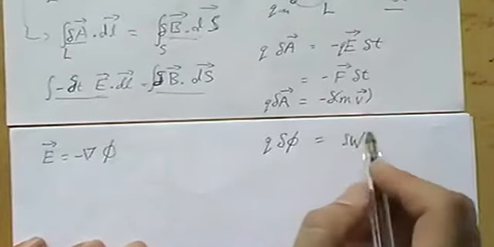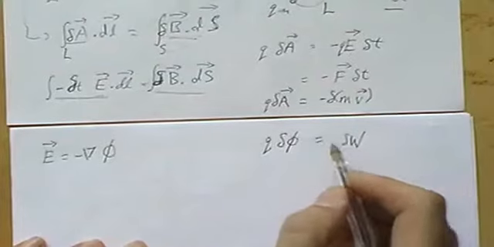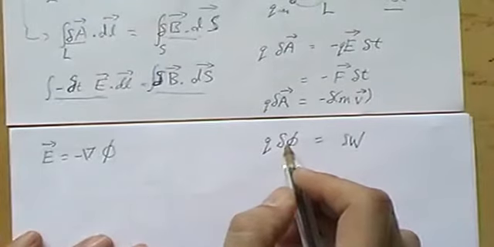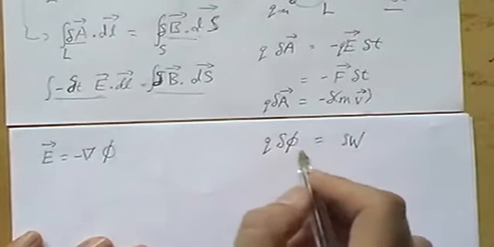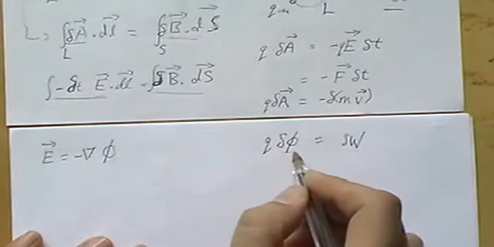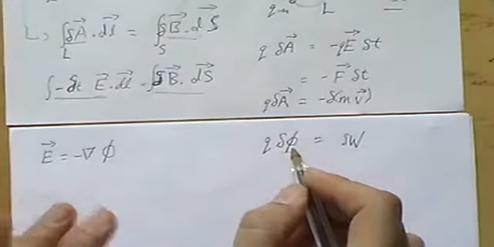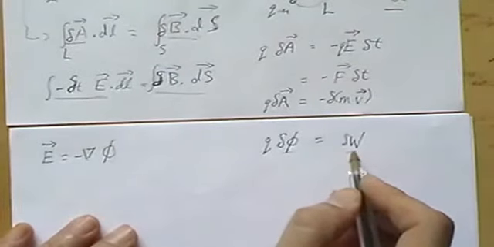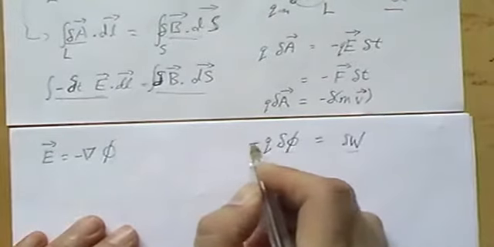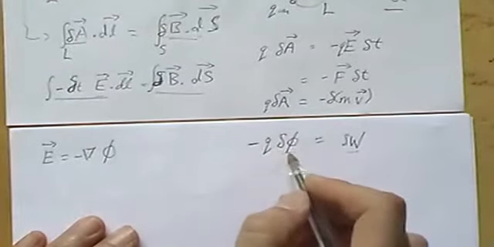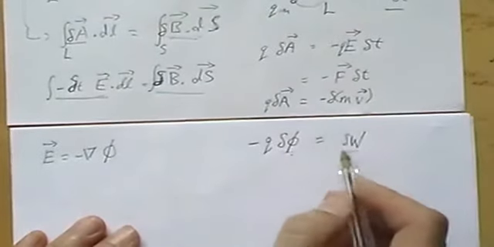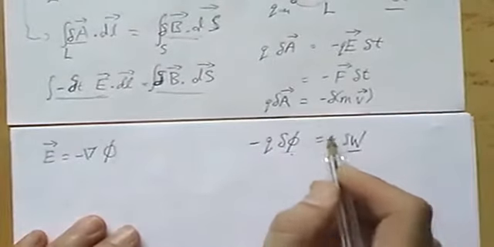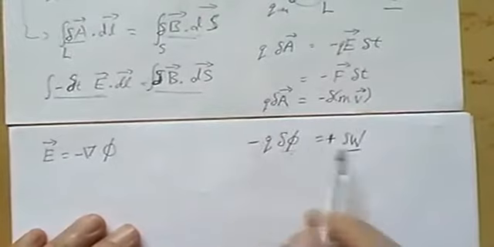So as the particle gains in work done, the potential at its position falls. Therefore we need a decrease in that, which is a negative change, to give an increase in the work done on the particle. So in this relation we need a minus sign there, to cancel away this minus sign from the decrease in potential, to give a positive answer for the increase in work on the particle. So we have a minus sign there.